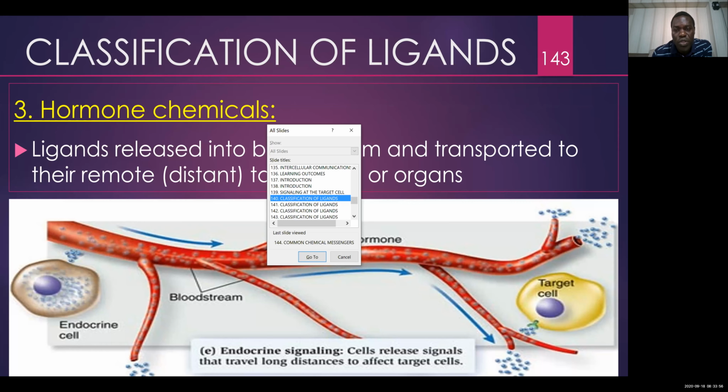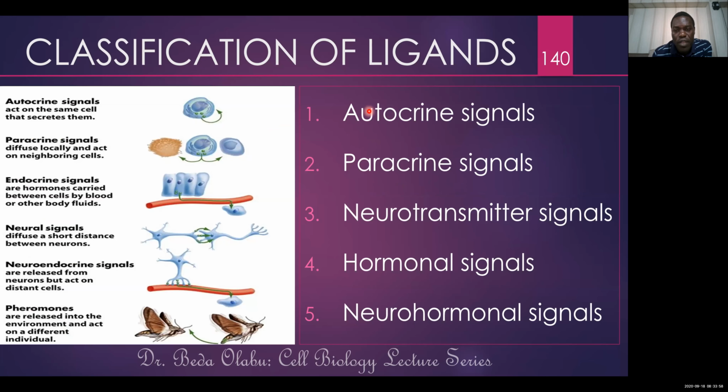You call it autocrine if the secretory cell is also the target cell. So we may not want to call that an indirect type of communication per se. It's a unique type of communication, but either way, it's a type of chemical signaling.